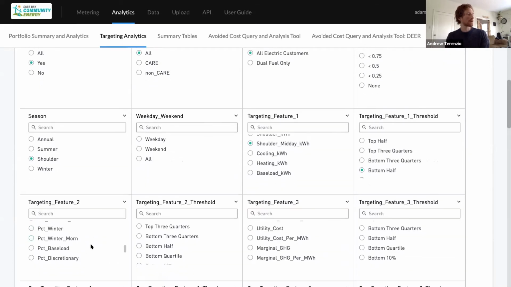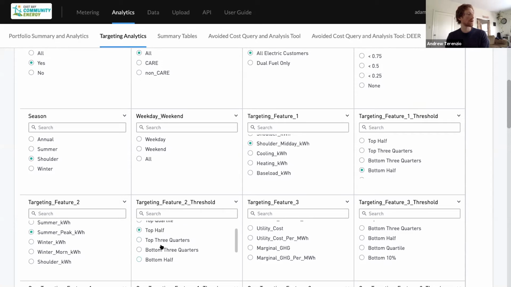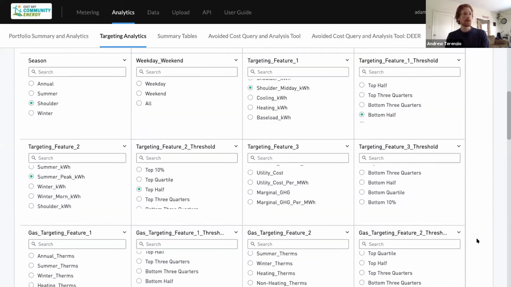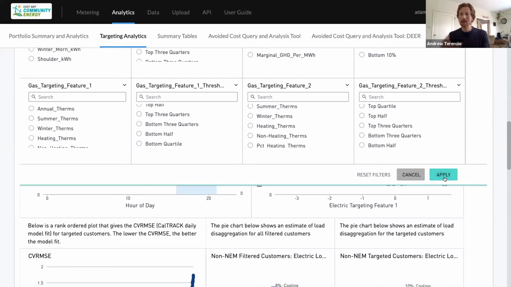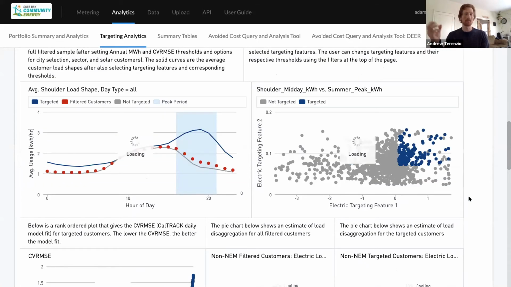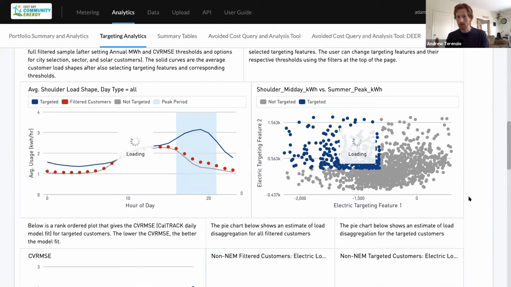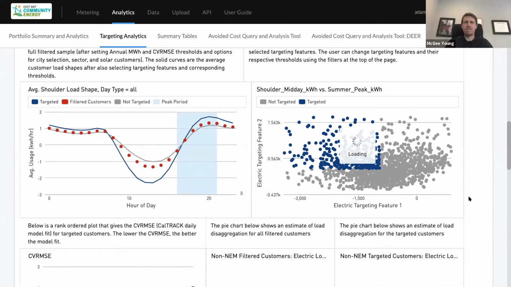Let's also find customers that are in the top half of summer peak usage, or peak consumption. We can iterate on these things. So this isn't necessarily the gold standard of targeting criteria. We can always iterate a little bit and find the customers that are the best fit.